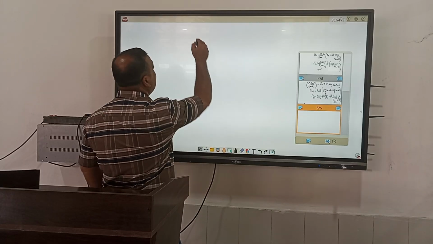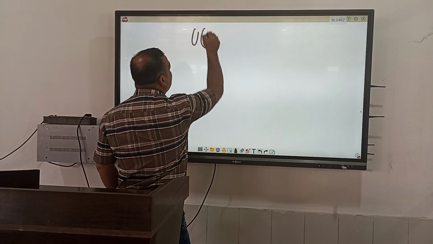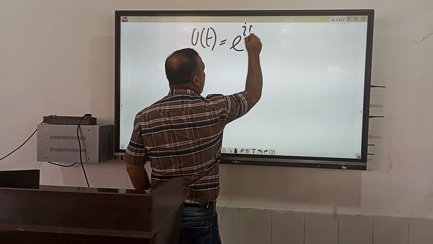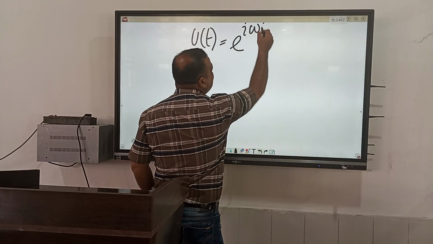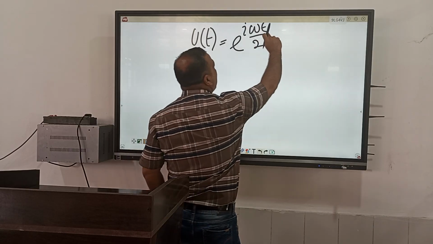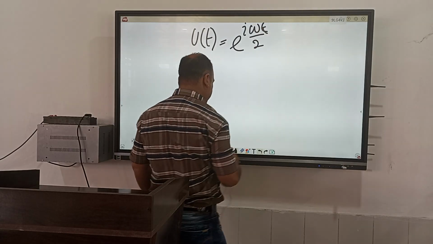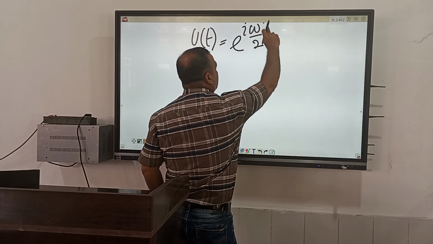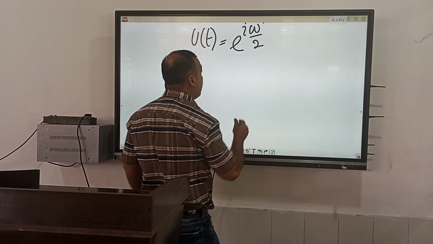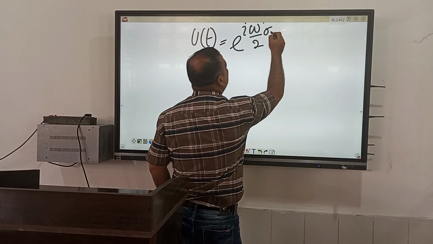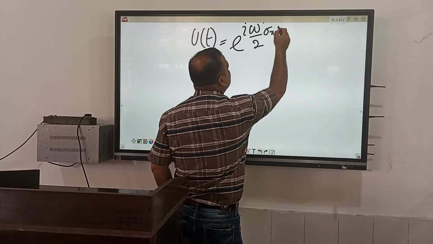Yeah. This U of t is e to the power of i omega t by 2 sigma x of t.